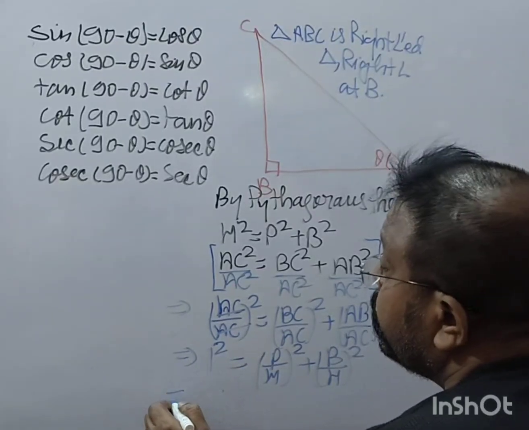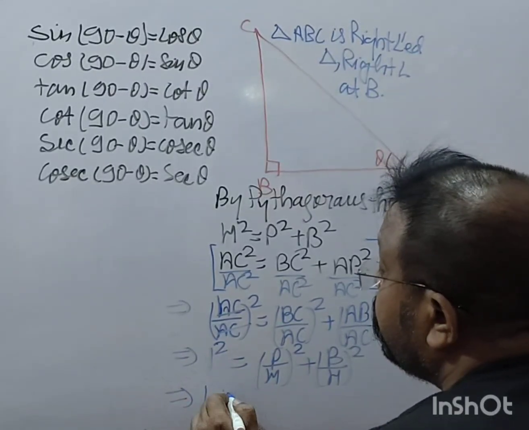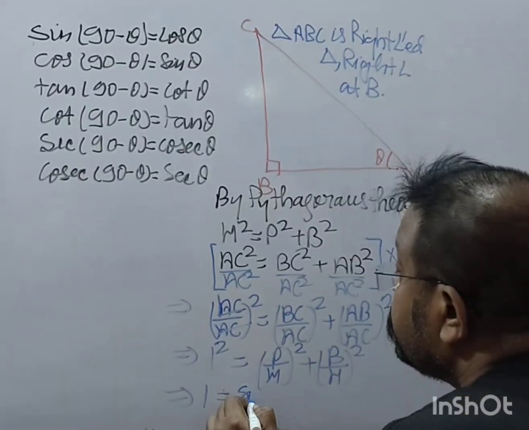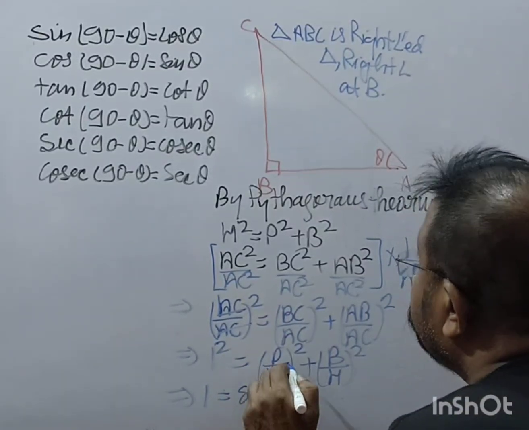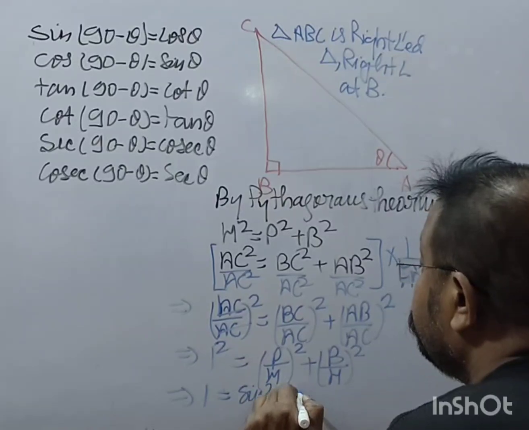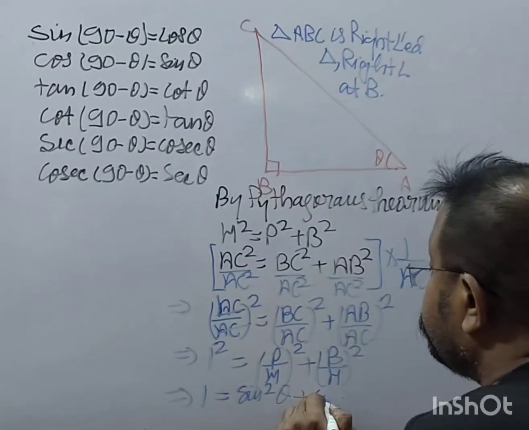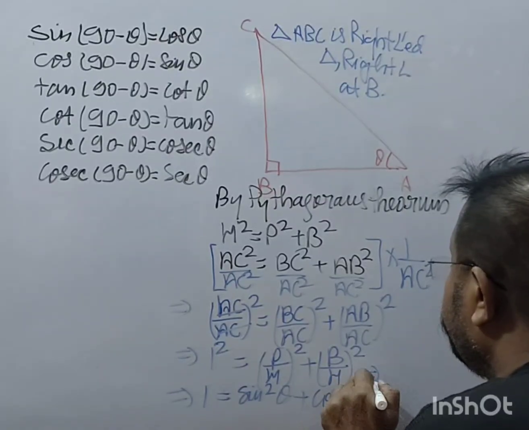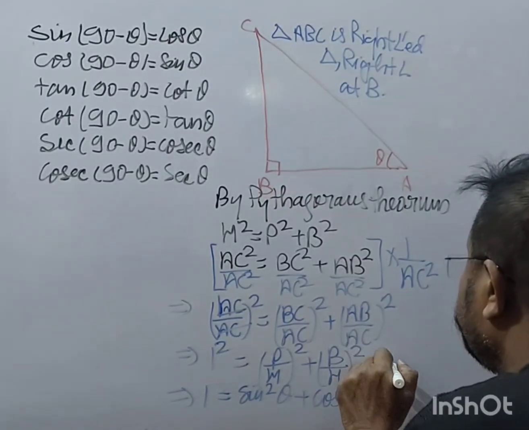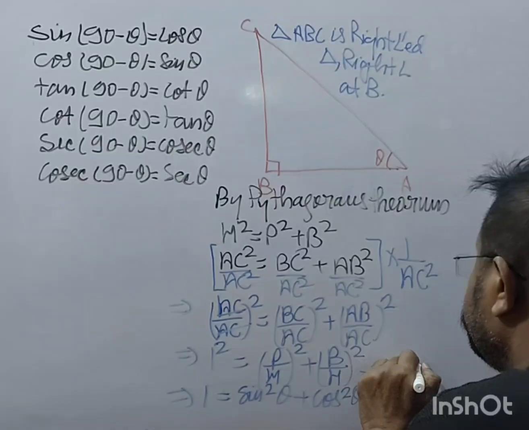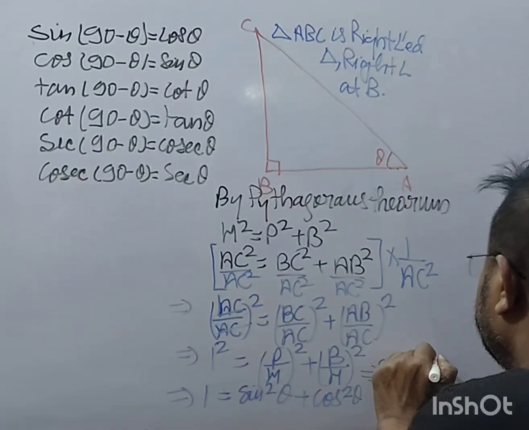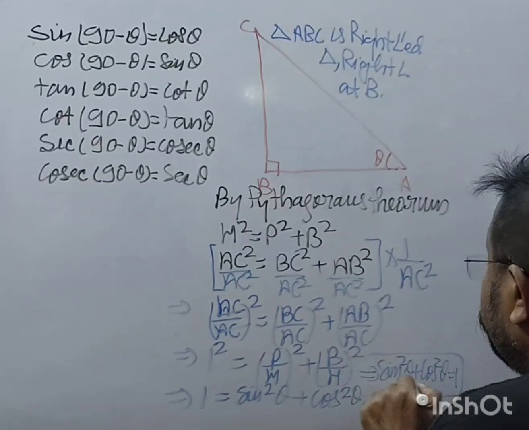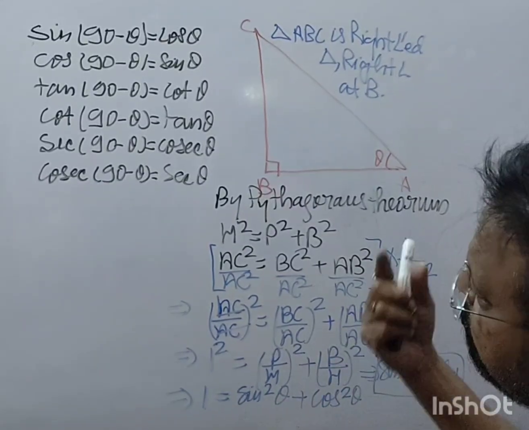Perpendicular upon hypotenuse is sine square theta, plus base upon hypotenuse is cos square theta. Or we can write sine square theta plus cos square theta is equal to 1. This is the first formula we are using, which we have already used.